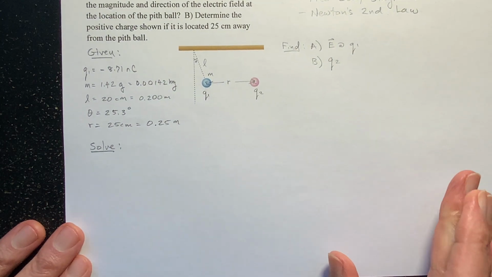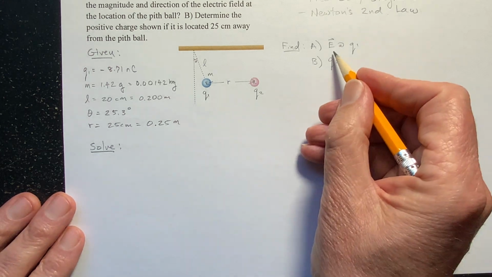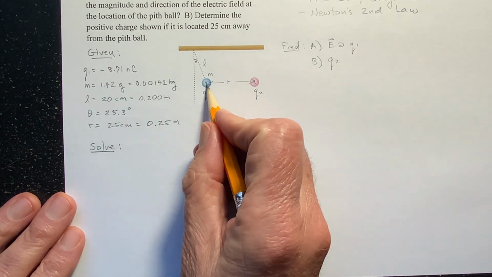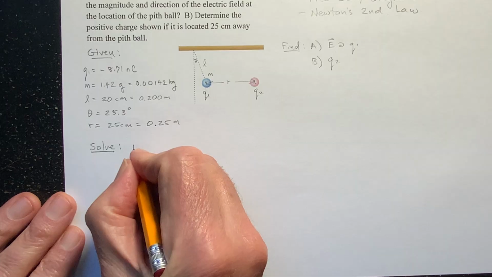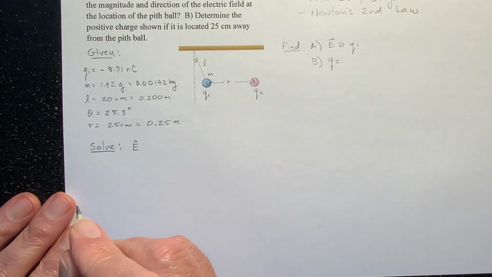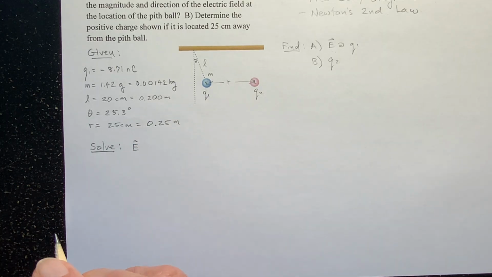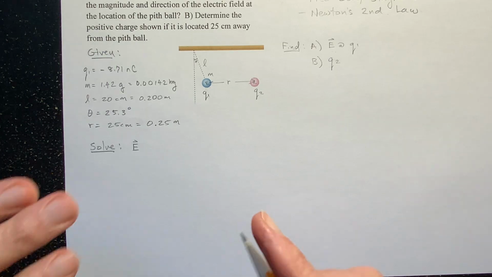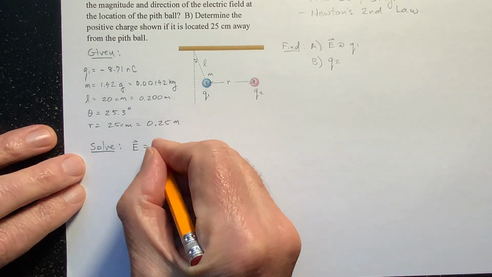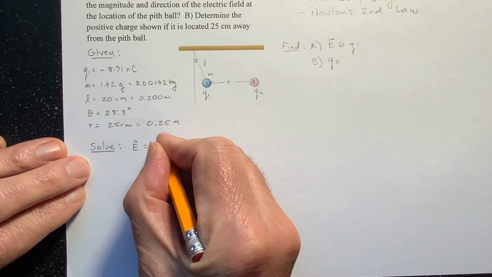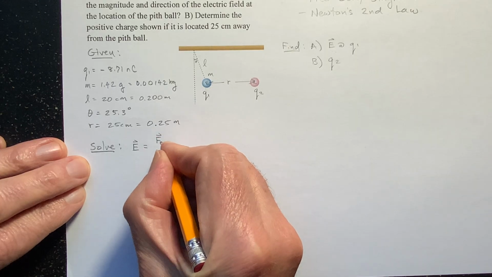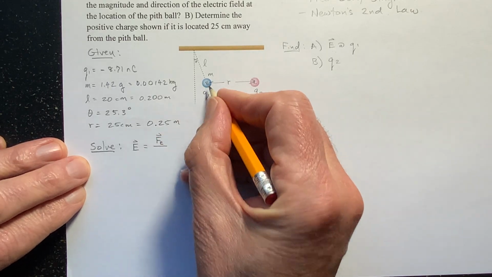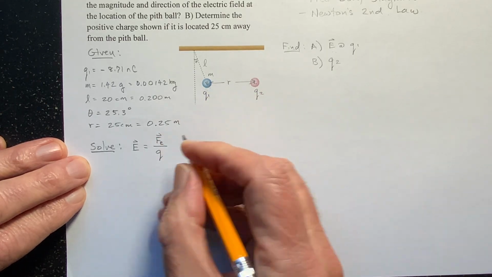Okay. So I want to find this electric field at this. Now, what do I know about electric fields? Well, the thing you need to know about them is that the electric field is equal to the electric force that is experienced by a charge at a specific location in space.